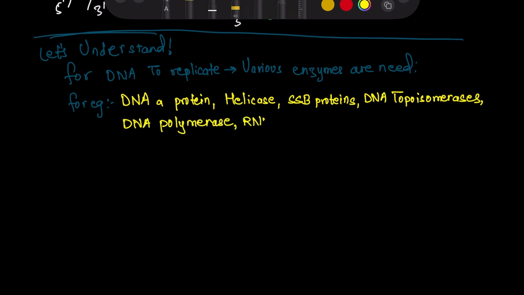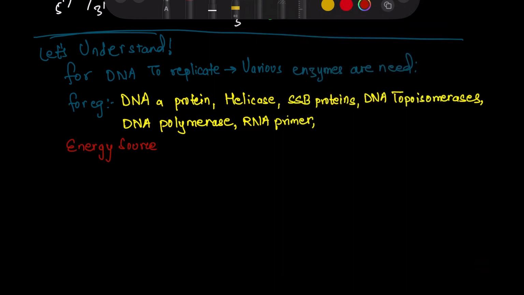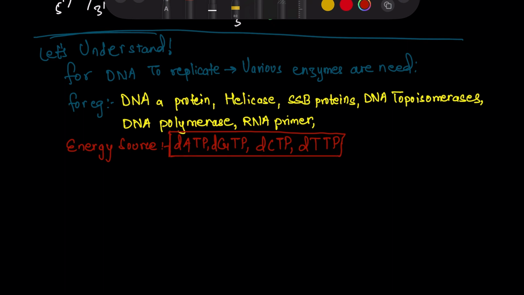And also we need an RNA primer. Now, energy sources, we also need a few energy sources, right? Energy sources are ATP, GTP, dATP, dGTP, then dCTP, right? And then dTTP. Why? Because there is no uracil present in DNA, hence only these four will take part in the formation of DNA, right? Now, why d? Because d means deoxynucleotide. Deoxynucleotides, we have to remember this, right?